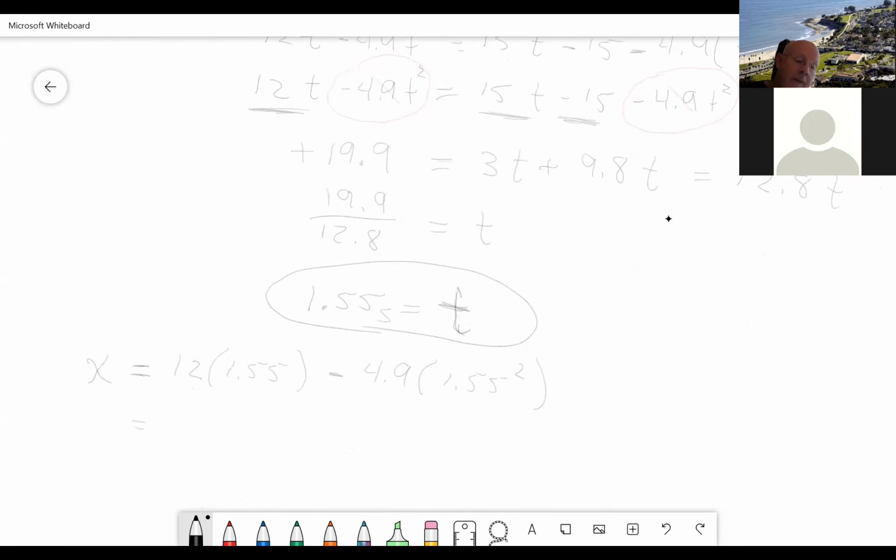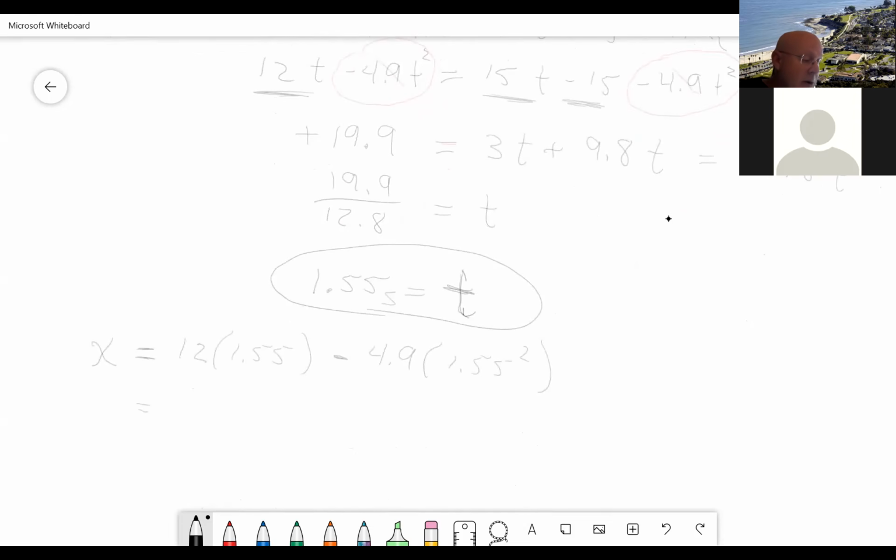Yeah. So grabbing my calculator, it's 12 times 1.55 minus 4.9 times 1.55 squared. And I get a position of 6.83 meters. Okay.